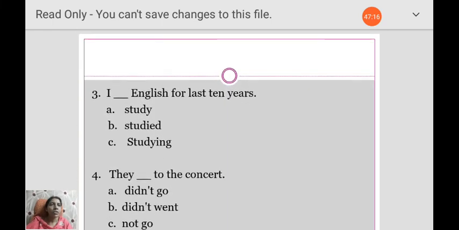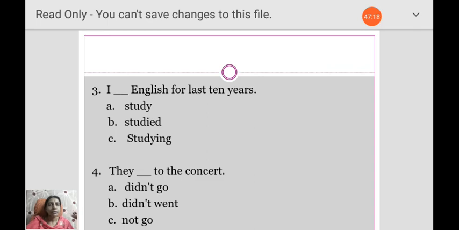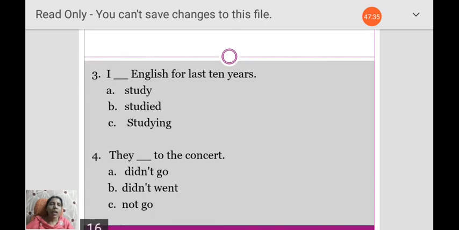Now look at these two questions. I studied English for the last 10 years. They did not go, did not plus base form.